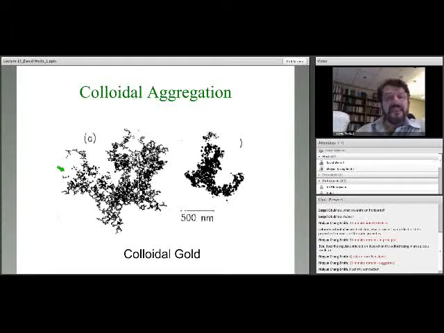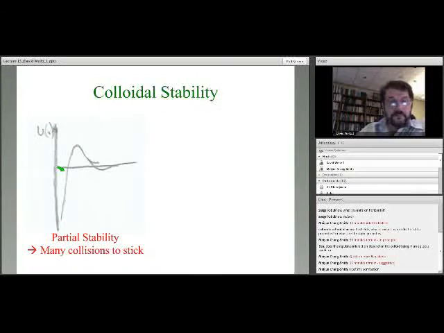So first of all, we should understand how rapidly the particles stick together. There are two possibilities. In one case, if the interaction is decreased so that there's still some repulsive barrier, as shown here, then for each collision between two diffusing particles, if they come close enough together so that they collide, in most cases this barrier could be enough to prevent them from actually sticking.